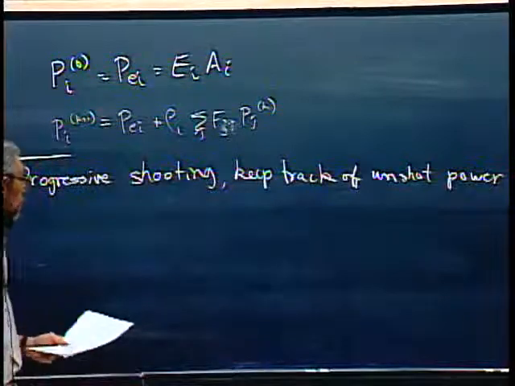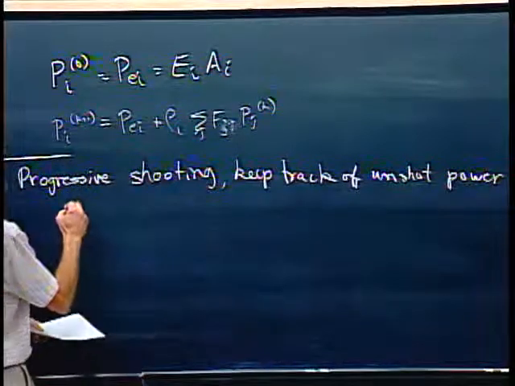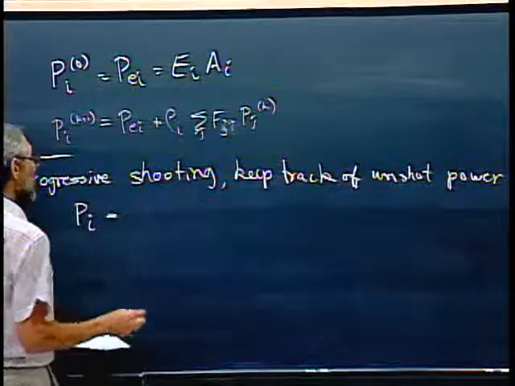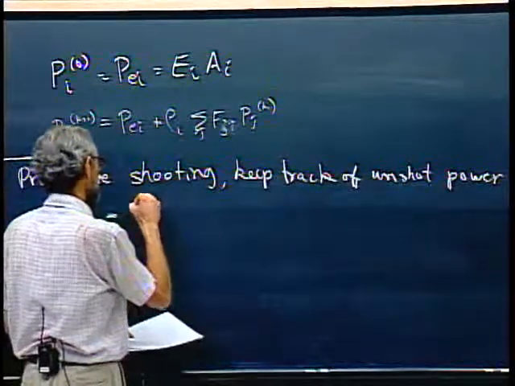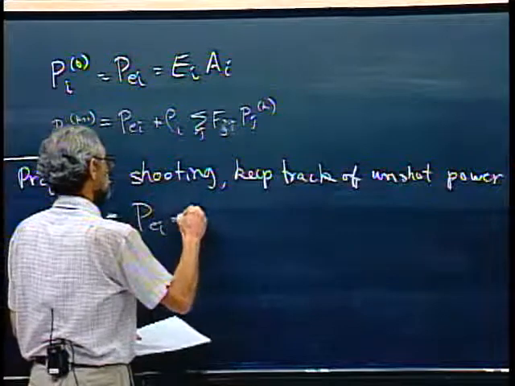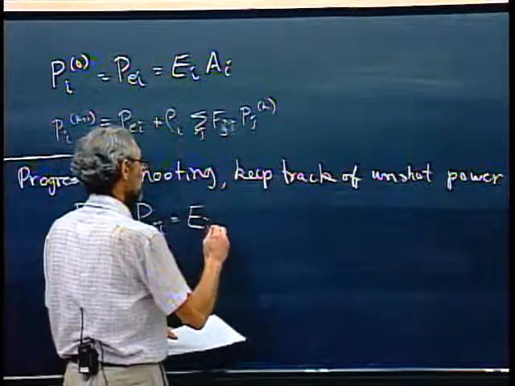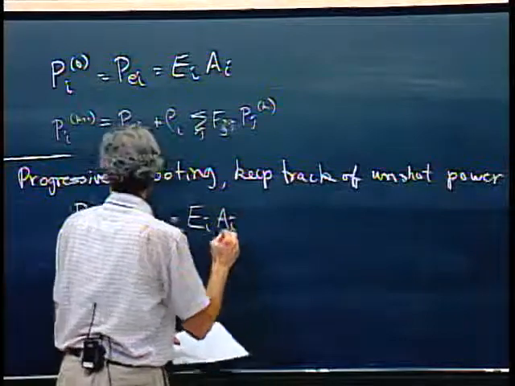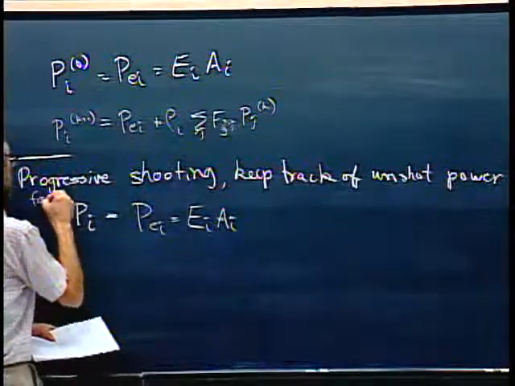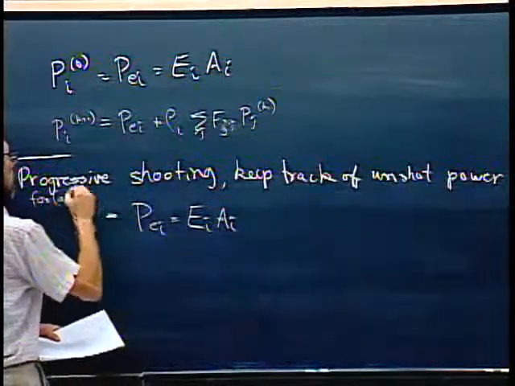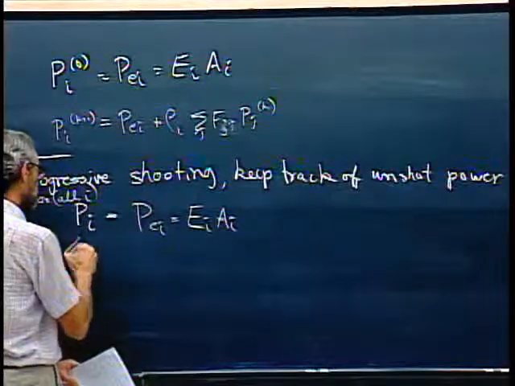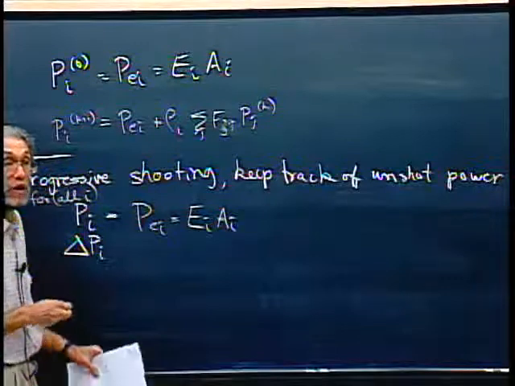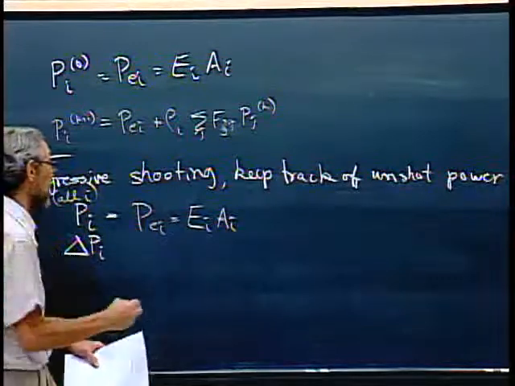So basically what we're going to do is initially set P_I to be P_E_I, which is, as I said before, the emissivity times the area of I, for all I. But we're also going to set the unshot power, the power that we didn't already shoot off into the scene from that patch.